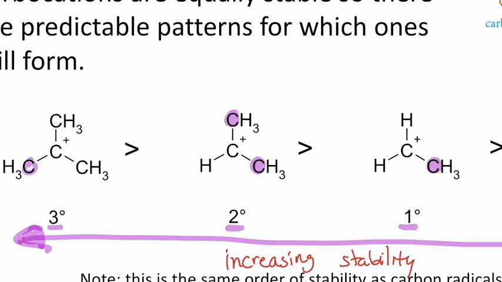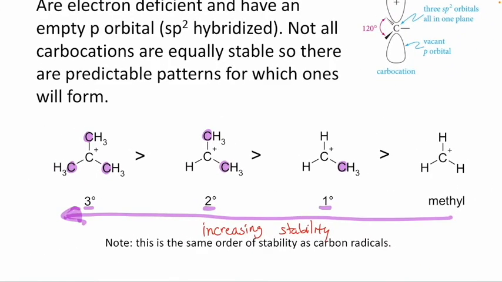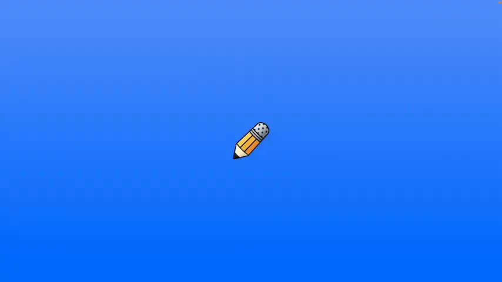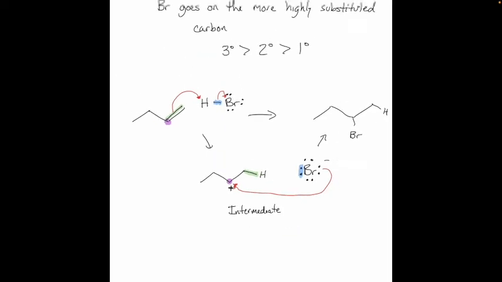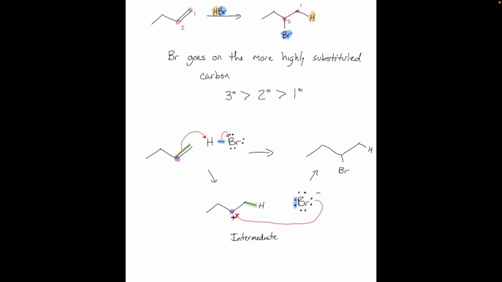Tertiary, it's bound to 1, 2, 3. That's why we bother with this primary, secondary, tertiary designation, so we can talk about stuff like the stability of carbocations, stability of free radicals, etc. But long story short, the bromine is going to go on the more highly substituted carbon.